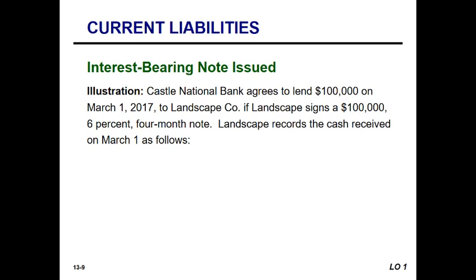So they debit their cash. They also have a $100,000 increase in their liabilities of notes payable. This represents that in 4 months' time, they will honor the note and pay $100,000 back to National Bank.